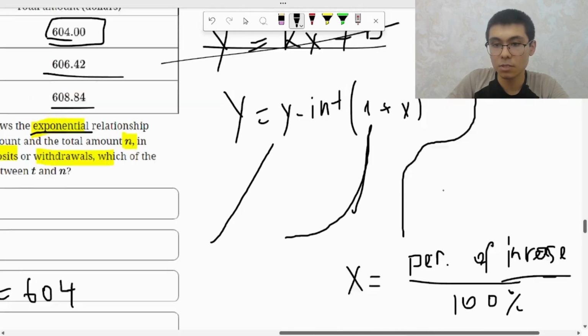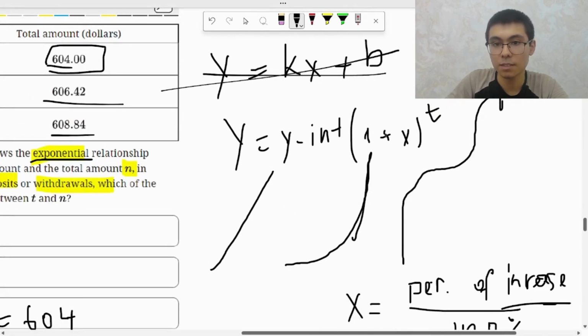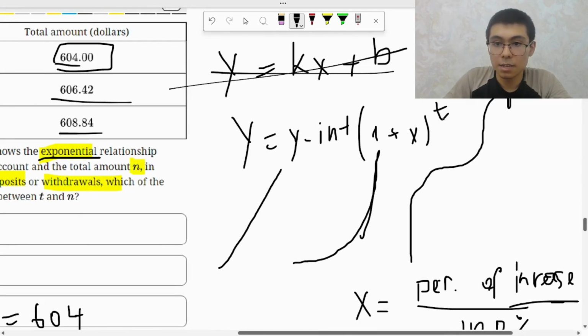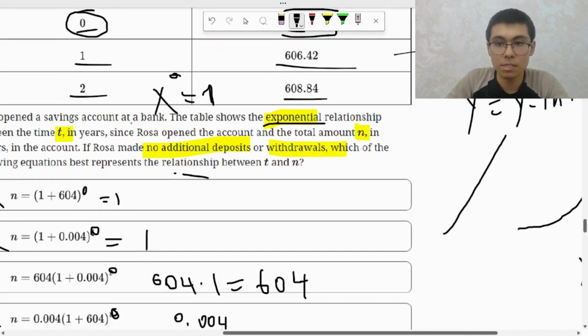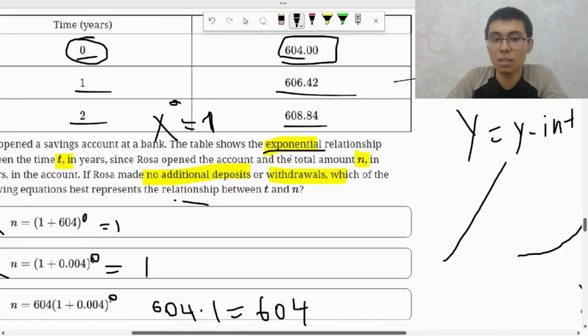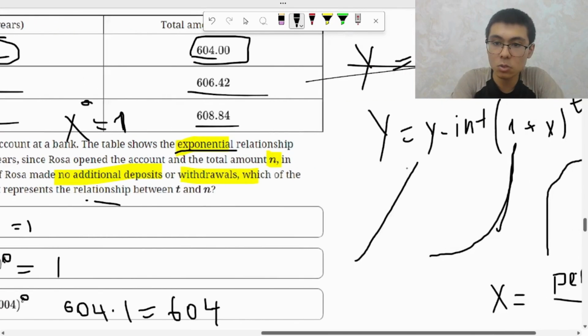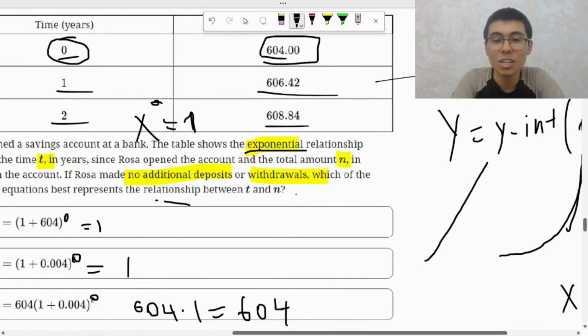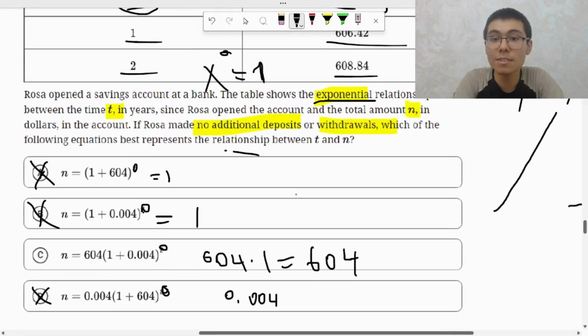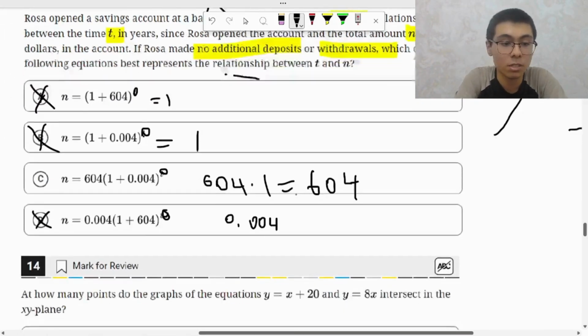If it's decreased, you can put negative here, and you get the equation. And t is time, as I said, the y-intercept is the initial point. In this case, it's 604. But still, in some complex situations, you can't formulate this sort of perfect expression. Don't worry, look at all the answer choices and find the best one.